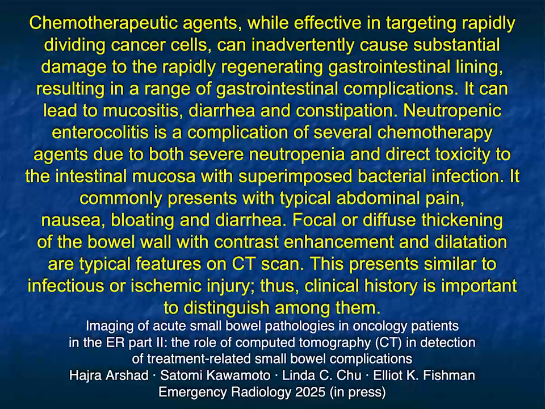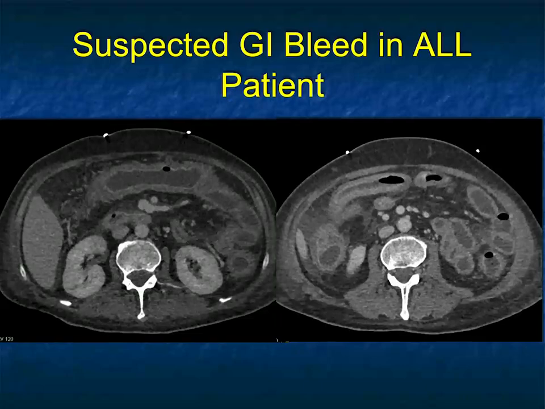Neutropenic enterocolitis is a complication of chemotherapy. And again, it can occur with abdominal pain, nausea, bloating, and diarrhea. And again, the appearance can be challenging, looks very much like ischemia, can almost look like graft versus host disease. So again, in dealing with the oncology patient, knowing the clinical history is important.